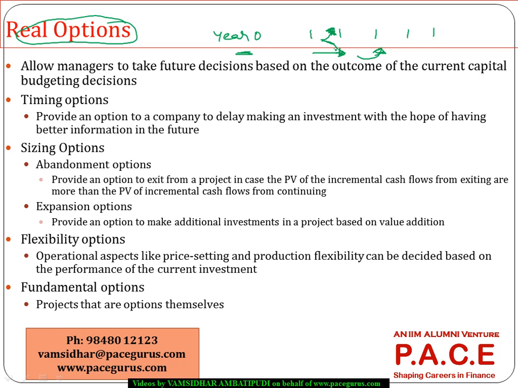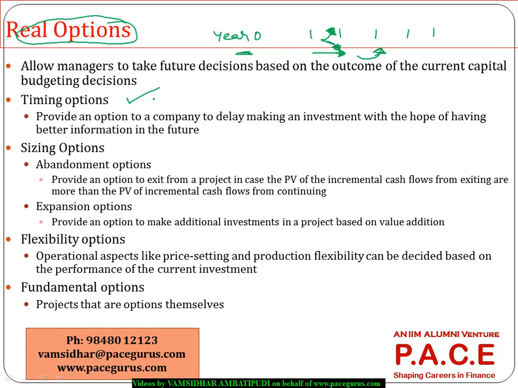But if it is coming more and more negative, they can think of probably abandonment or something like that. That is where the real options are playing a major role, and for that, again, some premium or some kind of additional payments are being made to the other party for taking the risk, or for protecting themselves against the risk. So all these things are today available in the market.